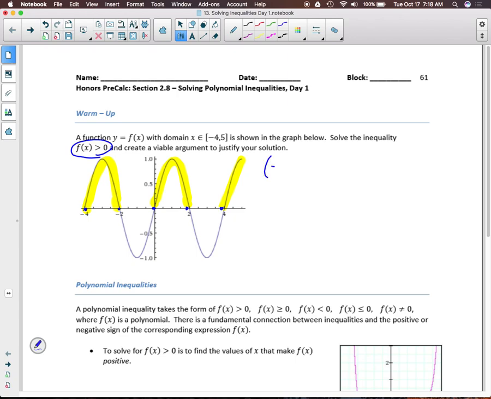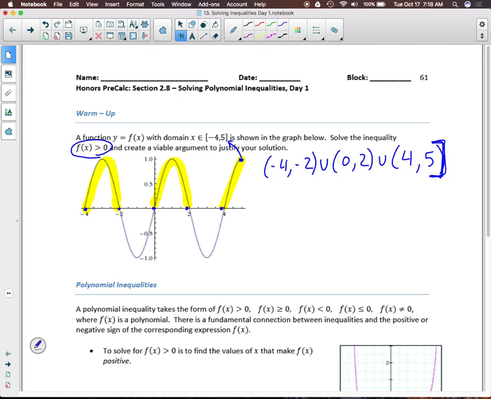So I'm going to say from -4 to -2, and then from 0 to 2, and then from 4 to 5. But this one right here is included, because that's this point right here, which is included, and the y values are bigger than 0 there.